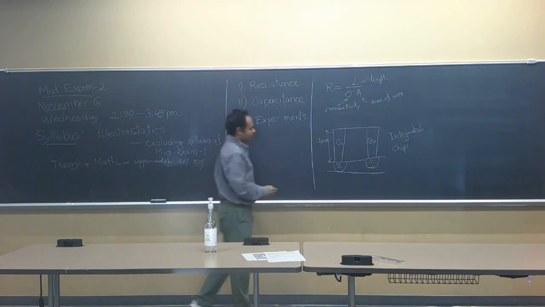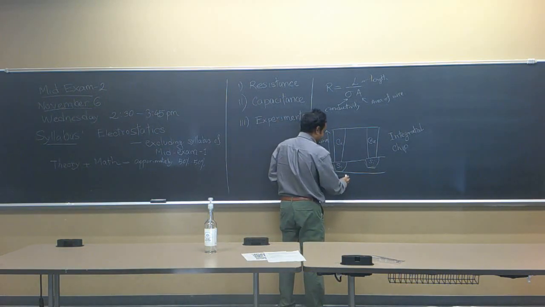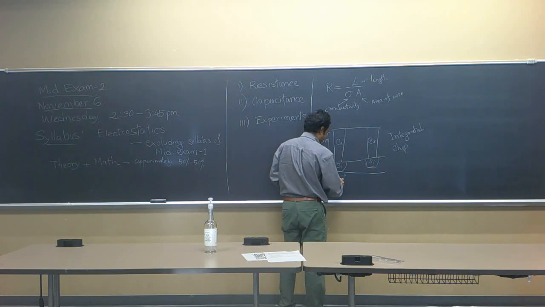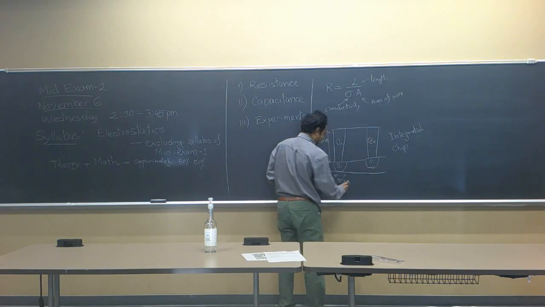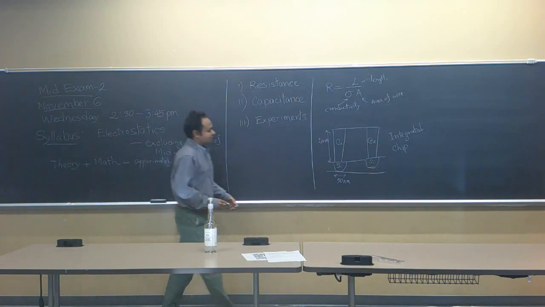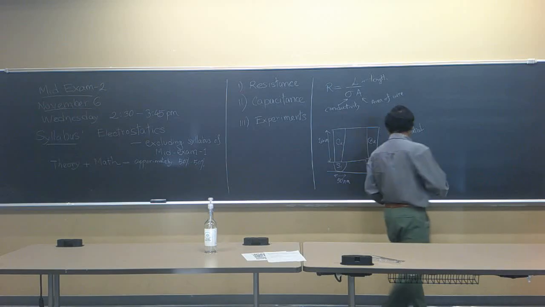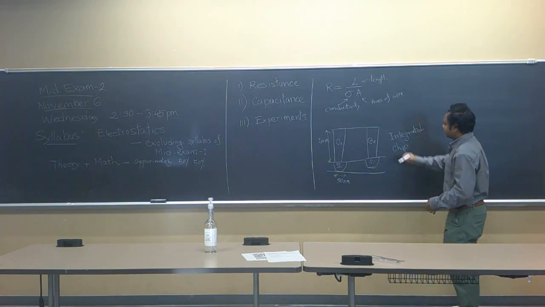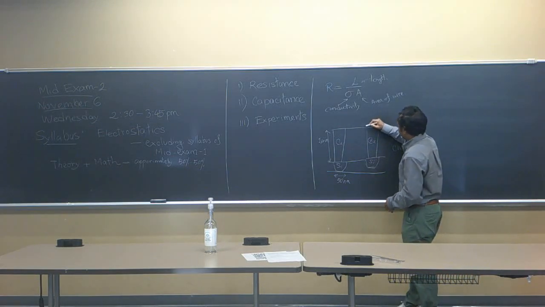Let us say 1 micron. Whereas the size of a silicon device is, well, let's say 50 nanometers. Alright. So let us say that we have some pads on top of it.